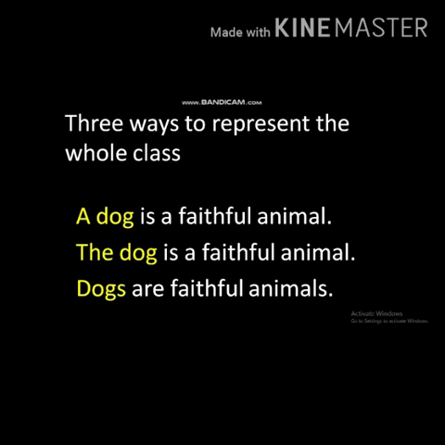For example, dogs are faithful animals. So, we can represent the whole class by using an indefinite article as in sentence 1, a dog, by using the definite article as in sentence 2, the dog, or by using plural nouns as in sentence 3, dogs.